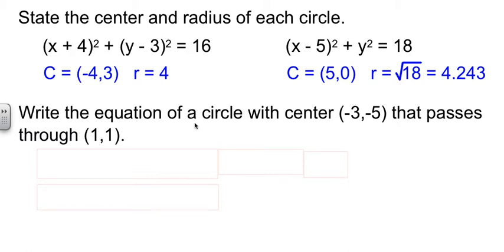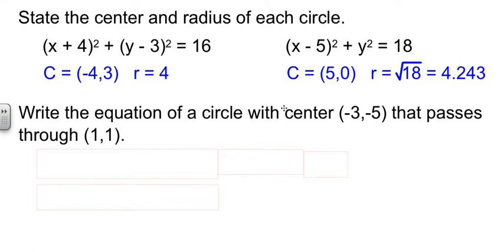Let's look at another case here where they give us the center and they tell us some other point on the circle. Okay. Remember, the two pieces of information we really need are the center and the radius. When we have the center, we're fresh out of radii. Now fortunately, we can find the length of the radius.